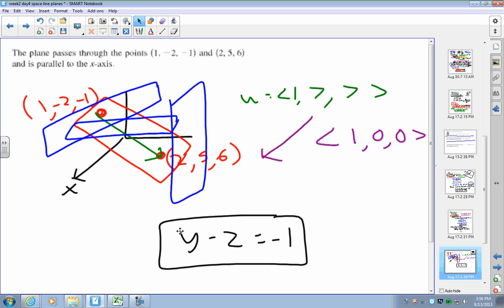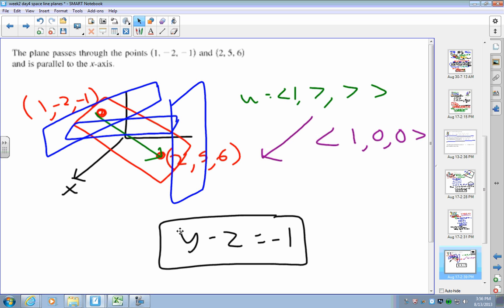So being parallel to the x-axis means you do not hit the x-axis. Think about that in 2D. If I'm parallel to you in 2D, I do not hit you in 2D. So in 3D, it's the same. If I'm parallel, I cannot hit you. Okay? So there's no x-intercept, so there's no x component in this one. So I have y minus z equals -1.